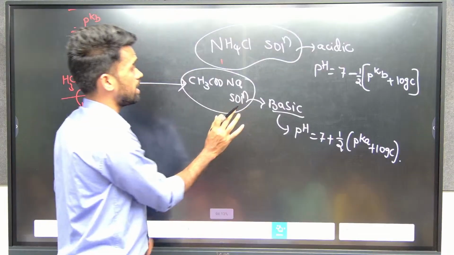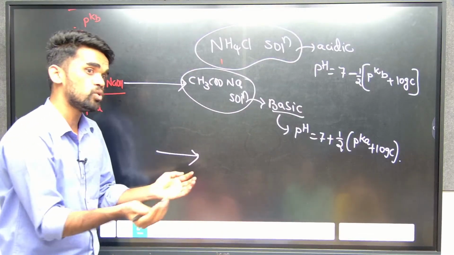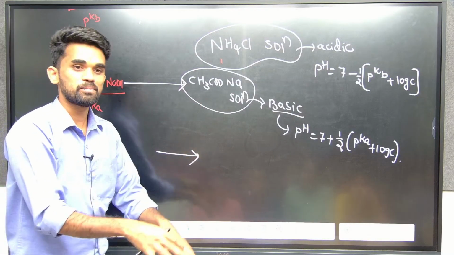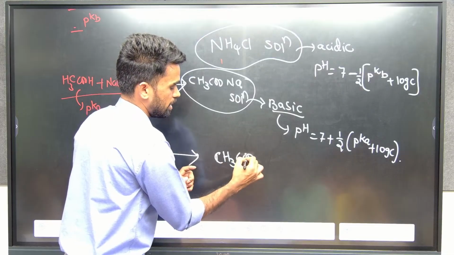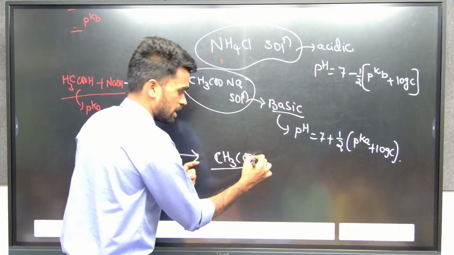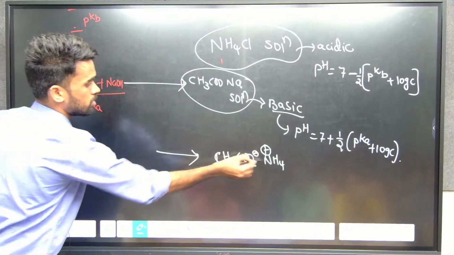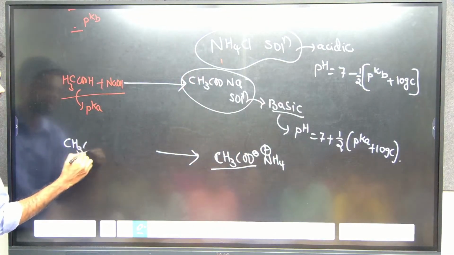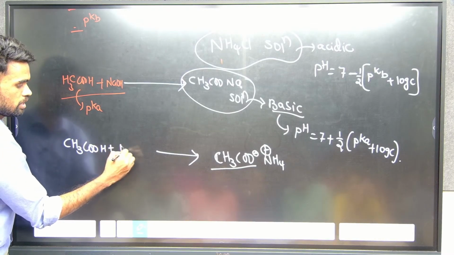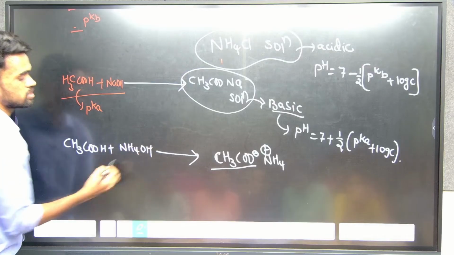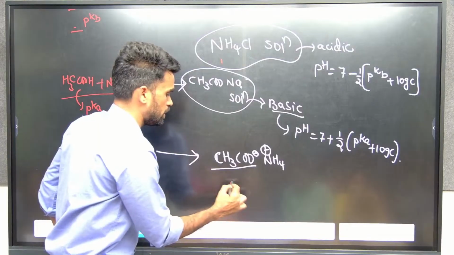Sir, you are saying there are two types of salt, but I have a salt now that is formed from both weak acid and weak base. Now tell me one example. Acetic acid, like acetate ion and ammonium ion. So from where this is formed? Acetic acid plus NH4OH. So అప్పుడు ఇలాంటిదే కదా. So in this case, how can you calculate pH?